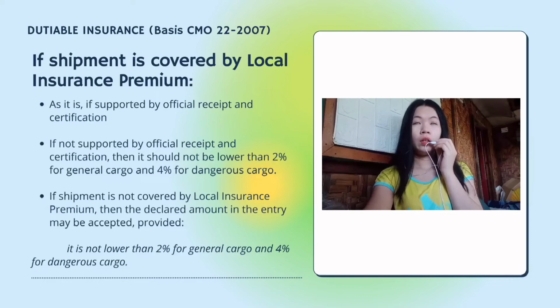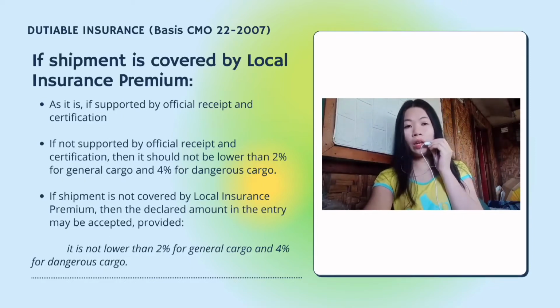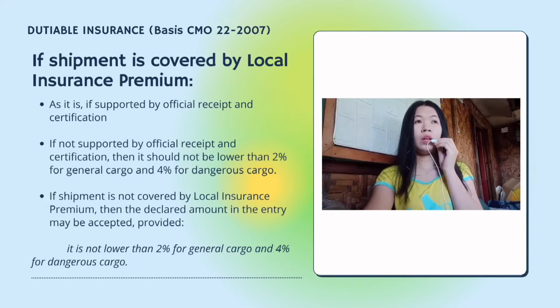So, like, dili siya dapat maubos sa 2% nga insurance sa general cargo o 4% nga insurance sa dangerous cargo. So, it's something like ang iyang insurance ana if dili siya supported kay is either 2% or 4%.